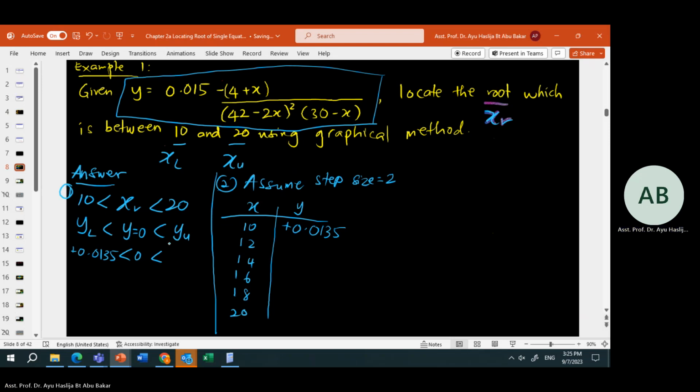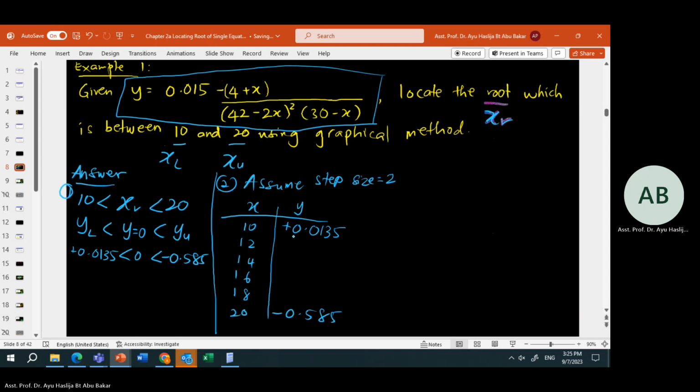Correct. Negative 0.585. Okay, so negative 0.585. You see the upper range gives you Y with a negative value, and the lower range with a positive value.